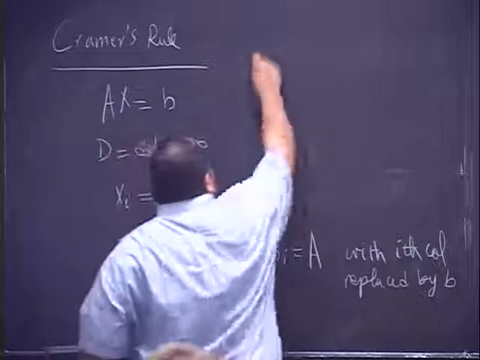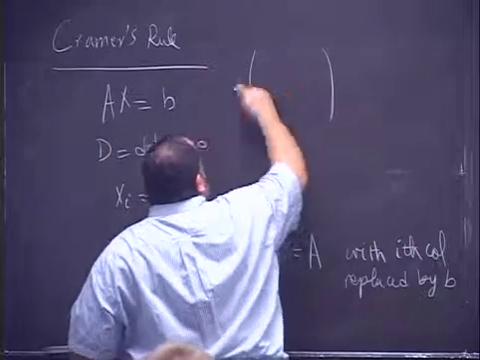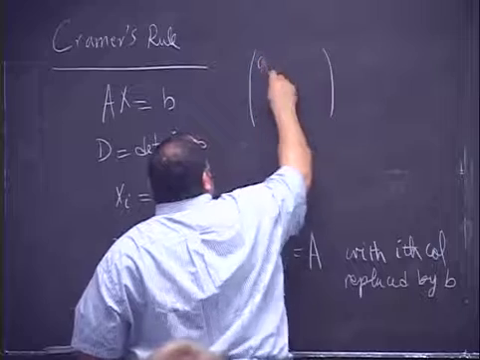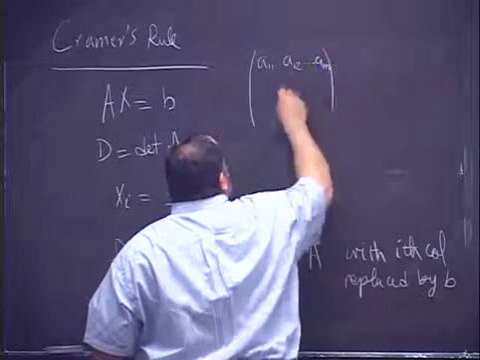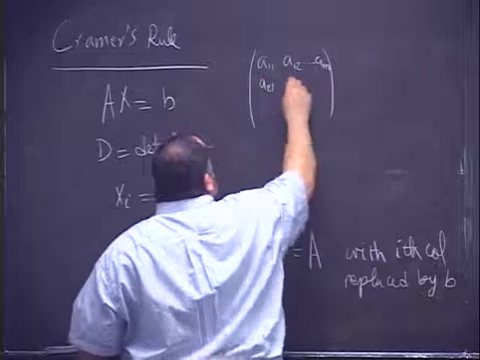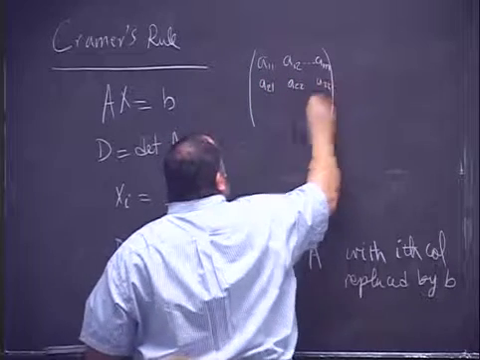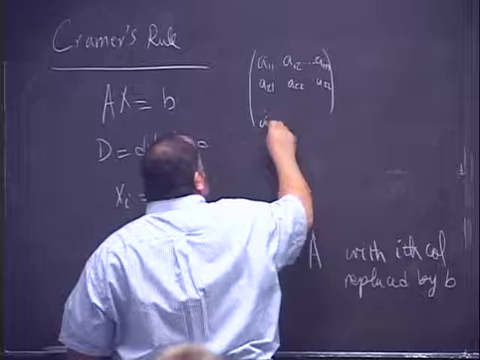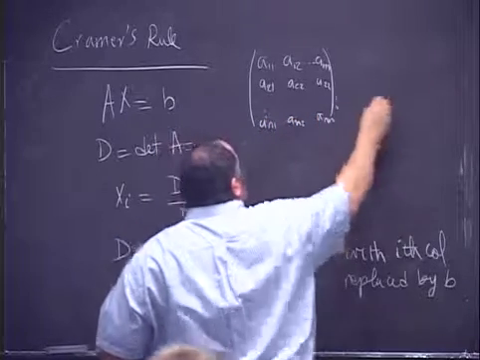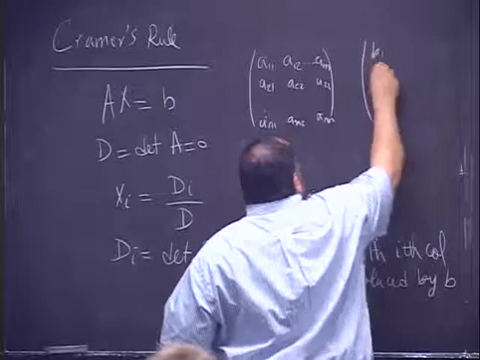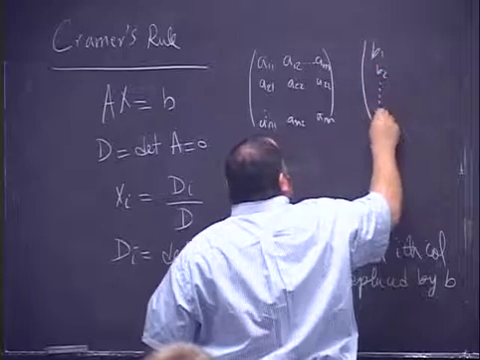So let's assume that you have a determinant A11, A12 up to A1n, A21, A22 up to A2n, AN1, AN2 up to ANN, and B1, B2 up to Bn.